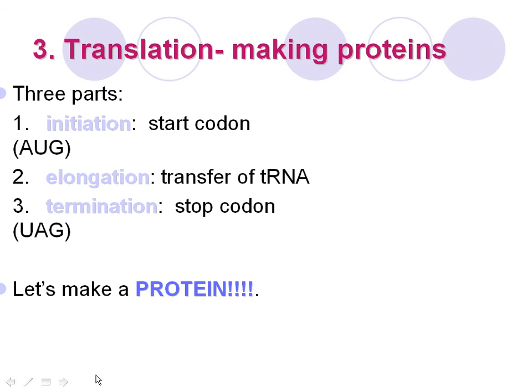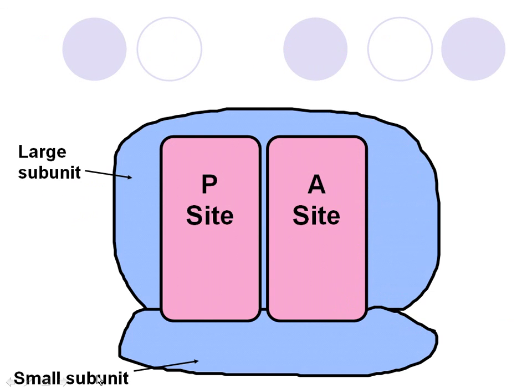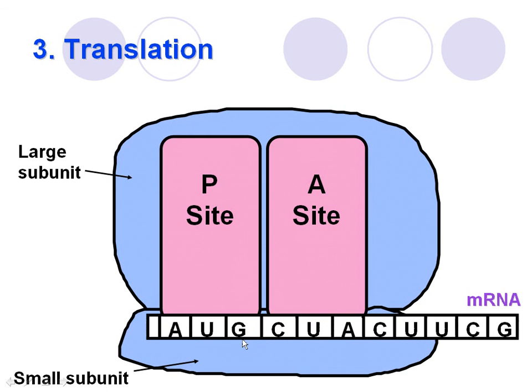Okay, so let's make a protein. Again, this is just showing you that whole process again. But here, this is our ribosome, and you'll see the P site. Remember, we said that the messenger RNA is going to line itself up with that P site near where? The start codon, which was the AUG.